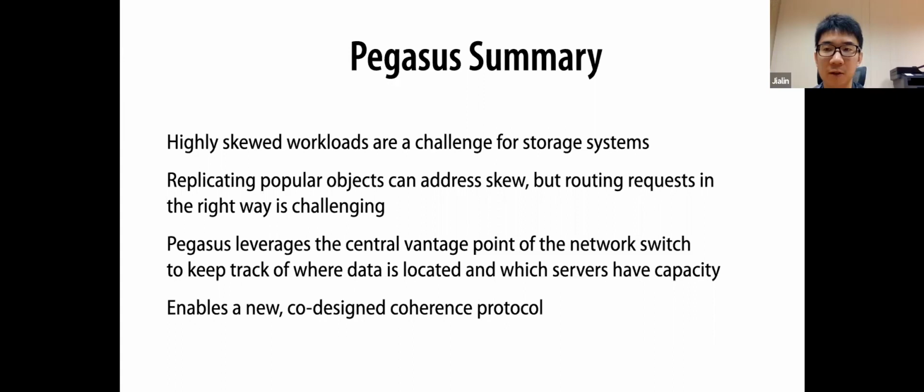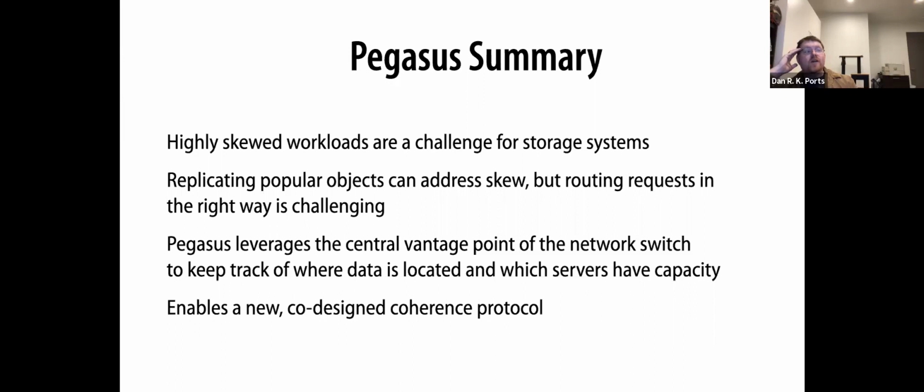Okay, so I think this is a follow-up. Yep. So the question is, does replication factor change only on updates? The easiest way to think about the protocol is that we only change the replication factor when an object is updated. Obviously, that doesn't work for every workload. In particular, there's a lot of workloads that are read-only, so they're never updated.